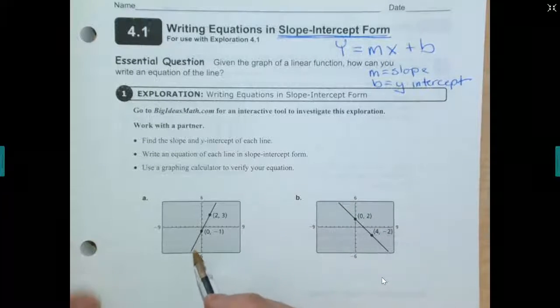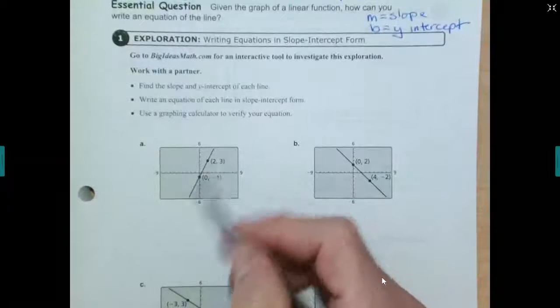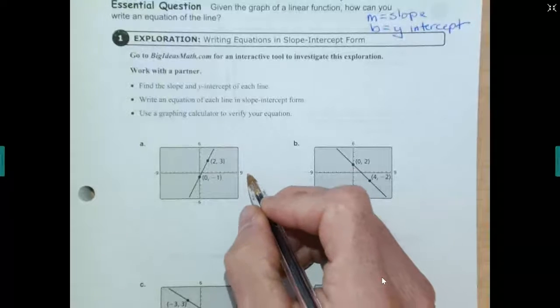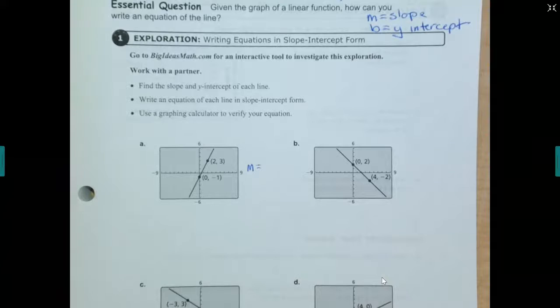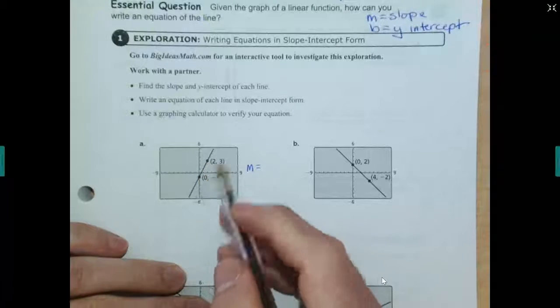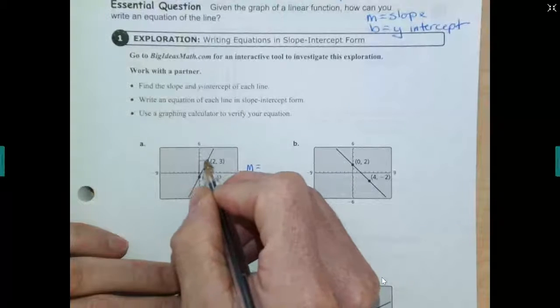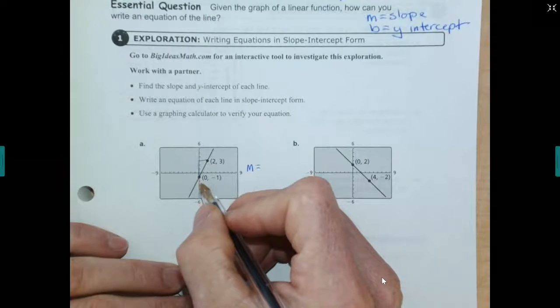So let's look at this and find out how we can write this linear equation in slope-intercept form. Well, first we're going to need the slope. So let's go from our two known points. Here's a point, and we're just going to draw a right triangle to our point.